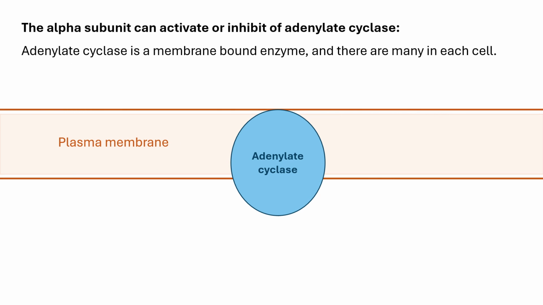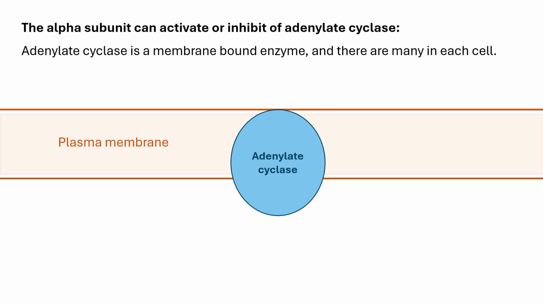So we have our little alpha subunit being activated. Each alpha subunit can be stimulatory or inhibitory. So it can either activate or inhibit. And in this case, we're talking about one of the most common mechanisms involving something called adenylate cyclase.